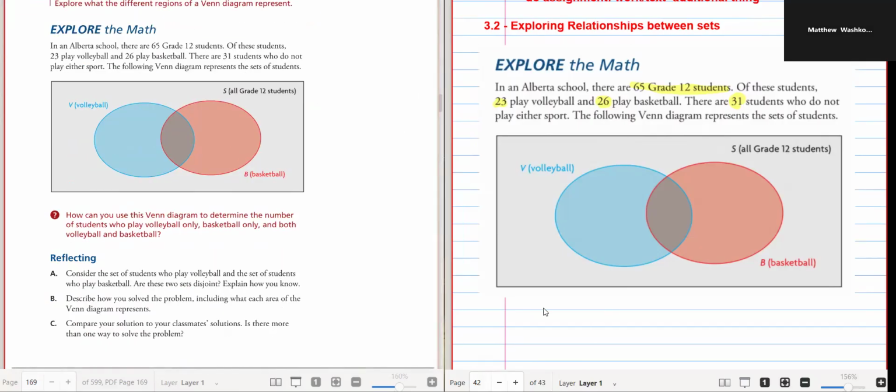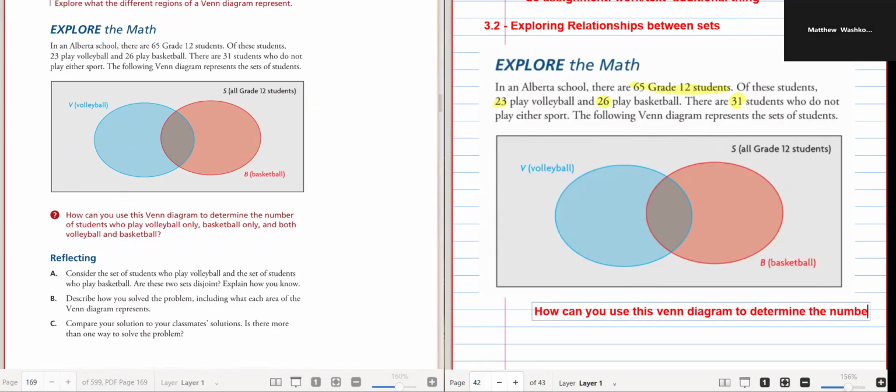How can you use this Venn diagram to determine the number of students who play only volleyball, only basketball, both sports, and no sports?